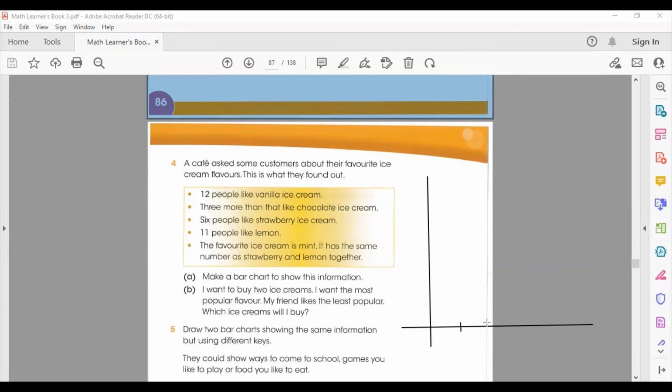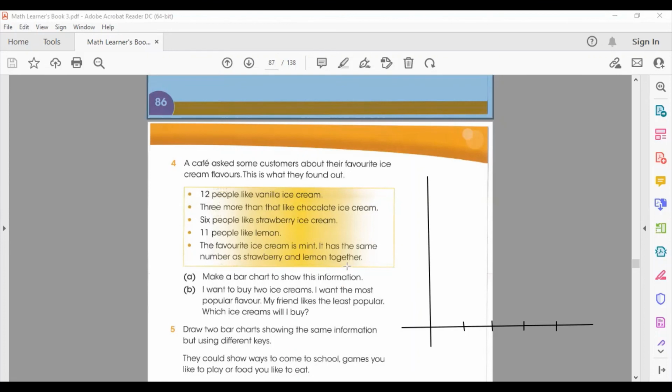So you are using the ruler if you're drawing a bar chart. Maybe the distance is not equal.